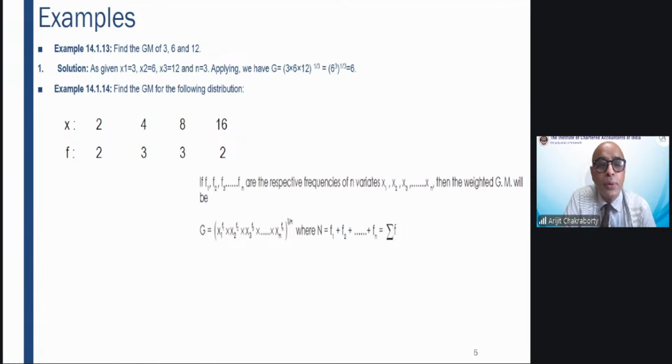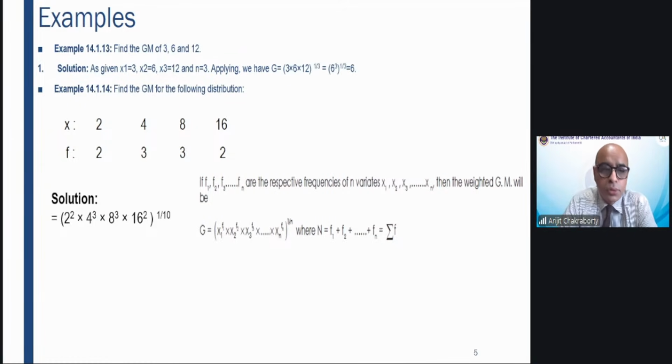When we have variables along with corresponding frequency, the geometric mean now becomes the nth root, but here we are using x1 to the power f1. So we are using the law of indices, which you have already covered earlier. So x1 to the power f1 multiplied by x2 to the power f2 and so on. That means the variable and the frequency will now come to the index position.